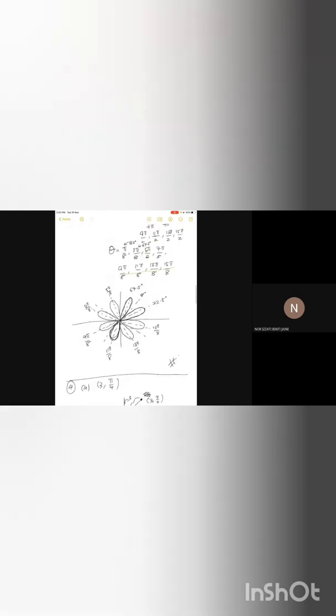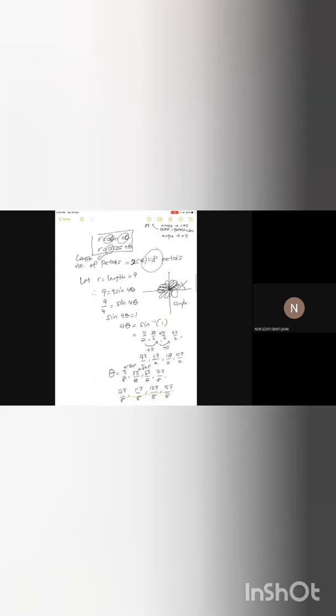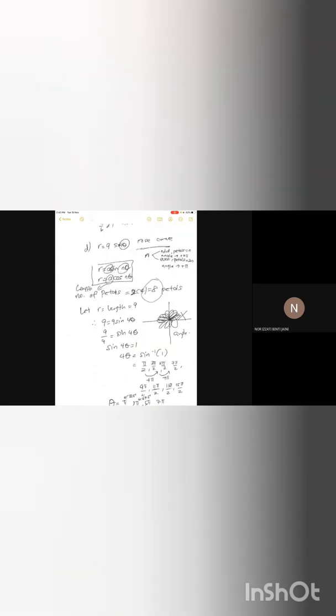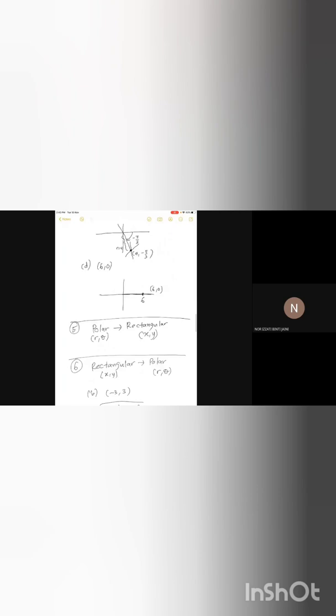So mana tadi atas tu? Okay. So odd dia mestilah plus 2 pi. So awak ambil yang ini, yang saya segi 4 ni. Kita akan tengok difference dia.